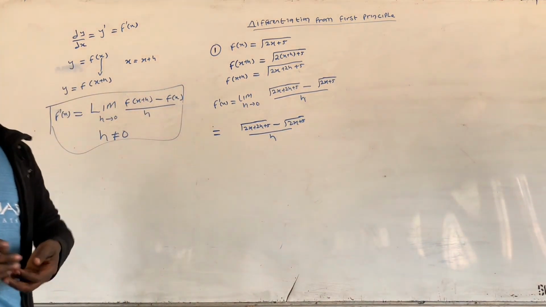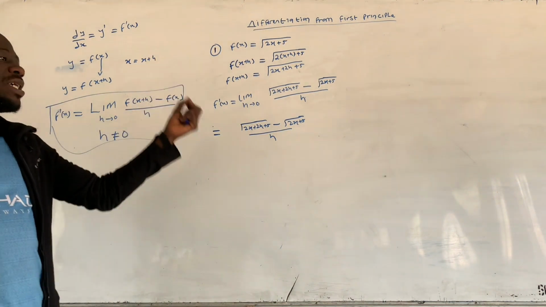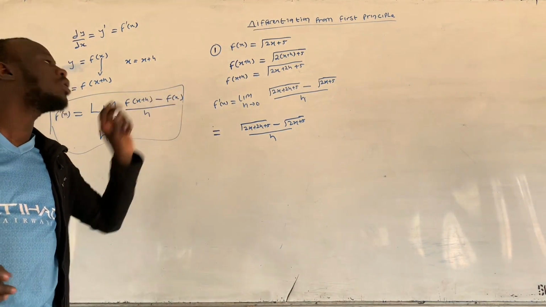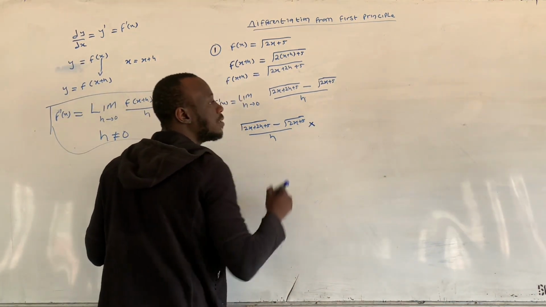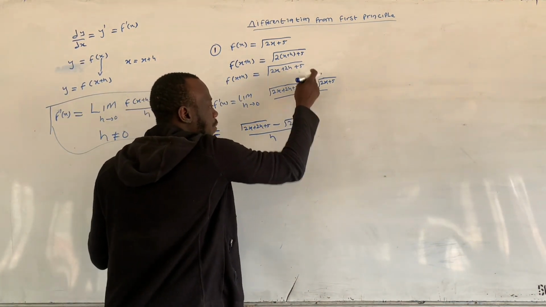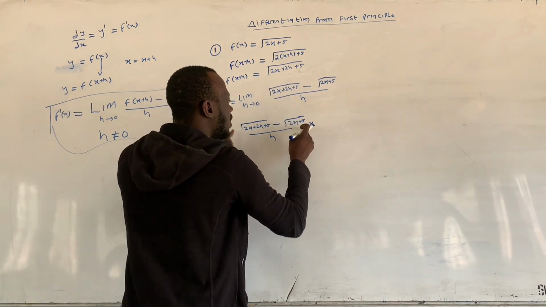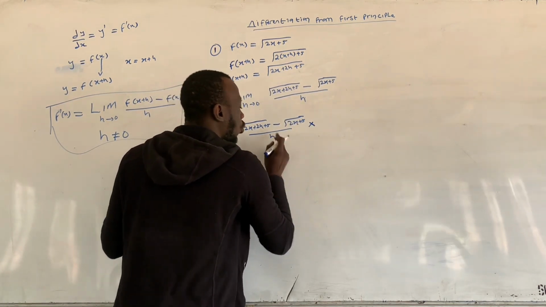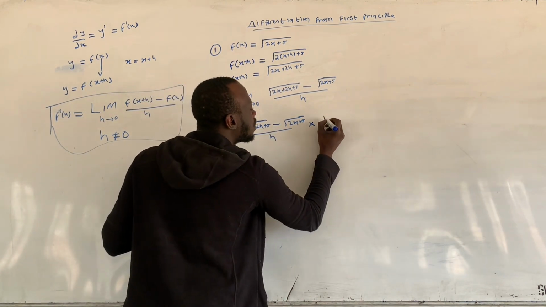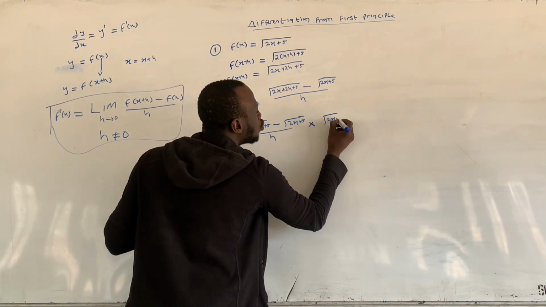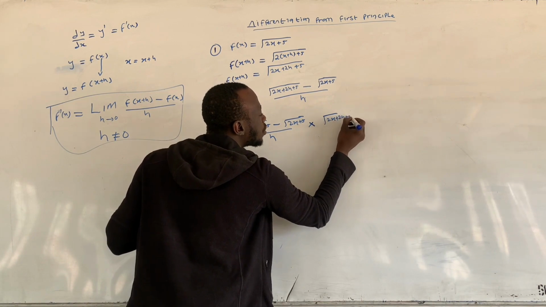Remember, we conjugate it and we rationalize it according to the surd rule. To conjugate, wherever we have minus, it becomes plus. Then we have root 2x plus 2h plus 5.